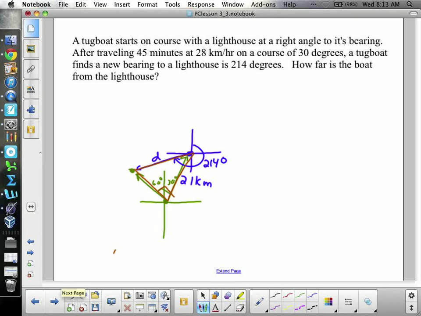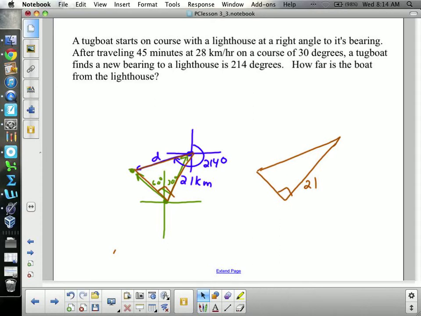And I know with my right triangle, let's re-sketch that right triangle. I know in this right triangle that this side is 21 kilometers, right? Because that's the path of travel of the boat. This is my right angle down here. What I need to do is find one of these two acute angles.